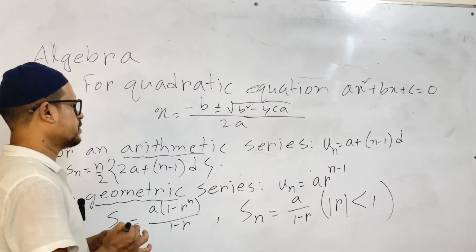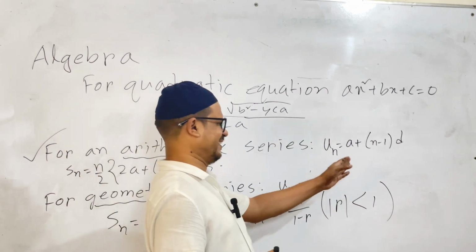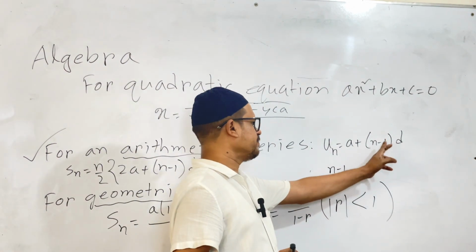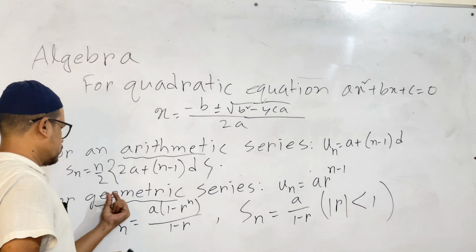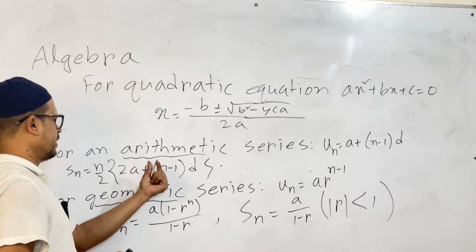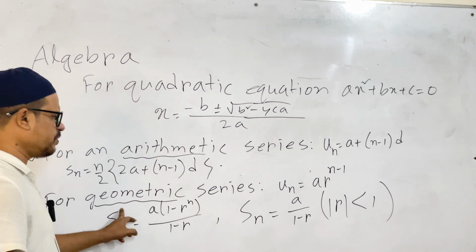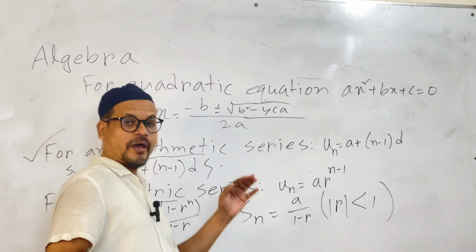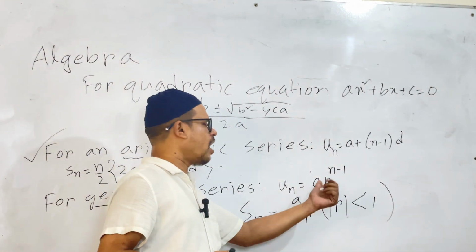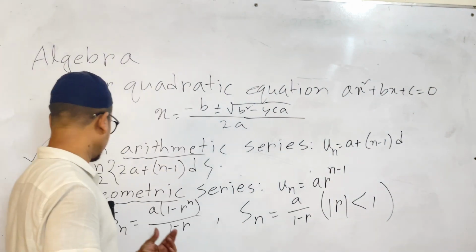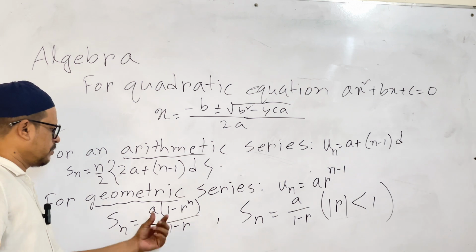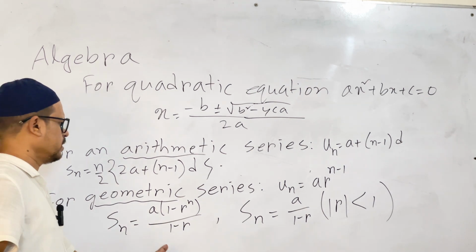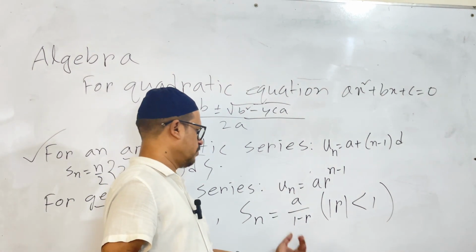For arithmetic series, the nth term equals a plus n minus 1 d, and the sum Sn equals n over 2 times 2a plus n minus 1 d. And for geometric series, the nth term equals a r to the power n minus 1, and Sn equals a bracket 1 minus r to the power n by 1 minus r, and Sn equals a by 1 minus r.